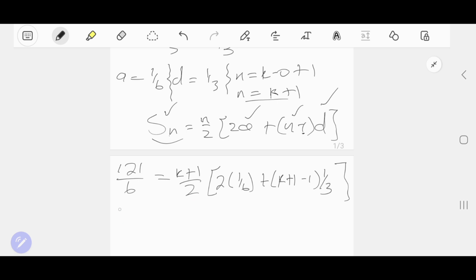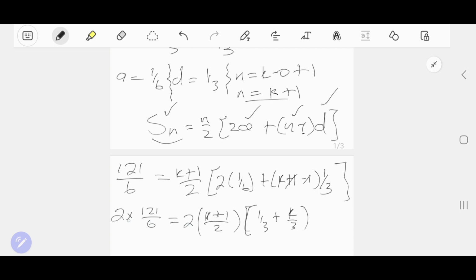So it's going to be 2 multiplied by 1 over 6, and then 2 multiplied by all of this, and then this, the bigger one, is going to be 1 over 3, and then plus this, and this will cancel out. So you can see that you're going to be having k over 3, because we are left with k multiplied by 1 over 3, which is k over 3.